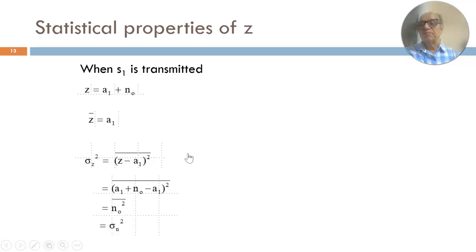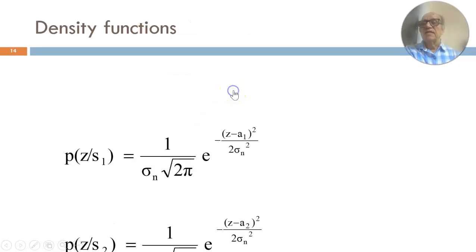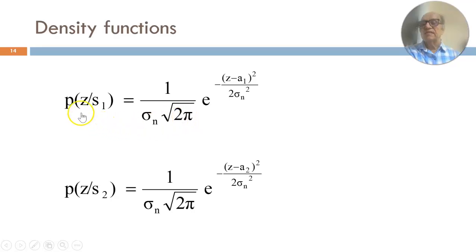So we substitute for Z, so that is A1 plus N0 minus A1 whole squared. A1 cancels, so that is the average of N0 squared, and that is sigma N squared. This is the mean square value of the noise.